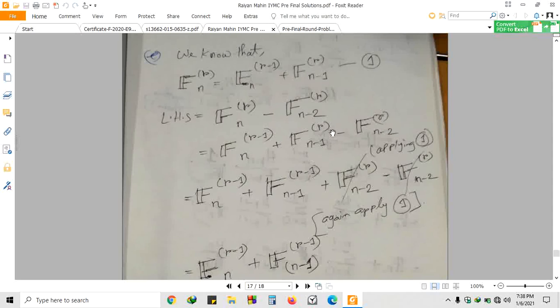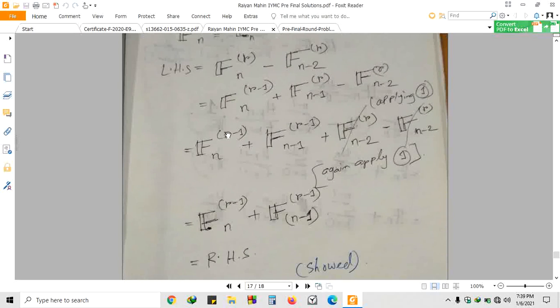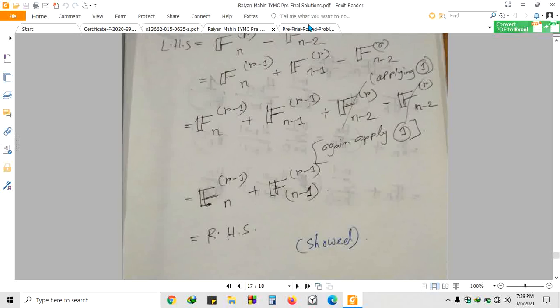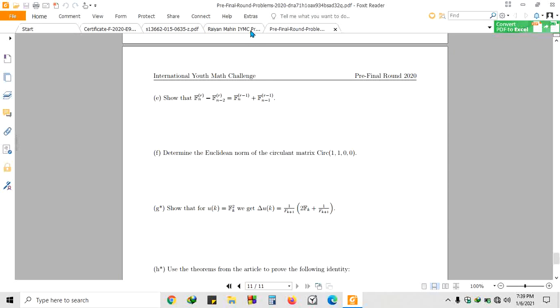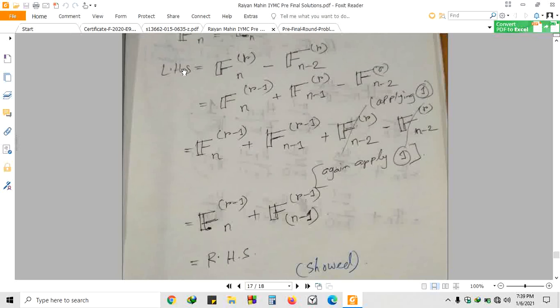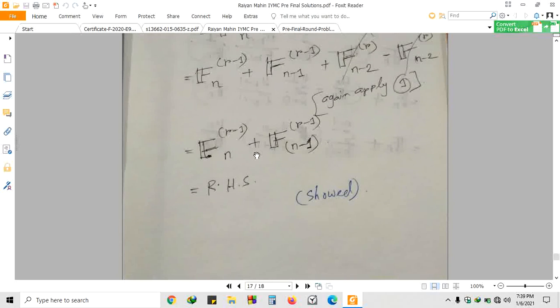In that case, we get F n minus 1, r minus 1 plus F n minus 2, r. And as we can see, this plus F n minus 2, r and minus F n minus 2, r both cancel each other, and the remaining part is F n, r minus 1 plus F n minus 1, r minus 1. So that was the right hand side. So we can see that we proved the left hand side equals the right hand side.